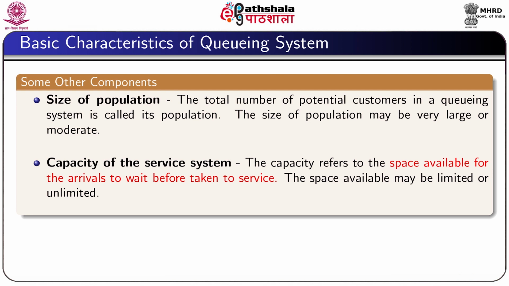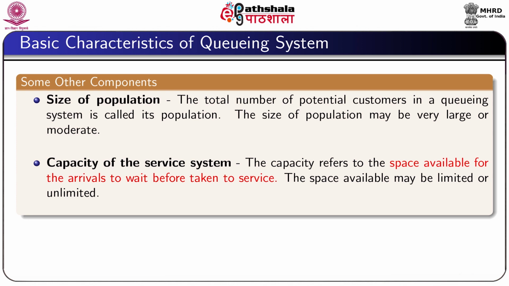Capacity of the service system. In the queuing context, the capacity refers to the space available for arrivals to wait before being taken to service. The space available may be limited or unlimited.